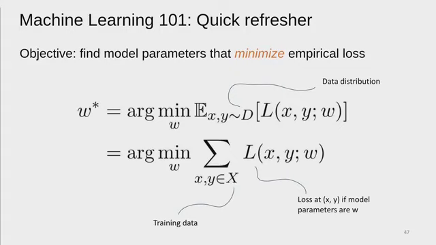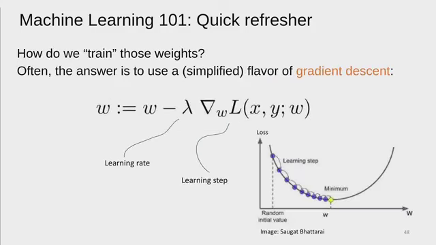The model tries to extract during learning the best distribution to minimize the overall loss through all the data sets. We're training those weights by using some flavor of gradient descent, where each learning step slightly refines the weights to make sure that we are as close to this best possible distribution as possible.